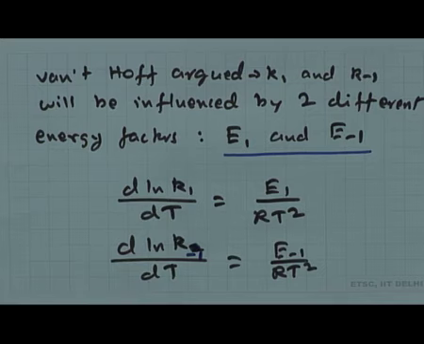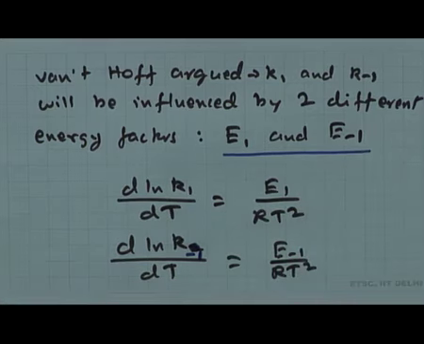Again you can understand that E1 is the energy factor associated with the forward reaction, and E minus 1 is the energy factor associated with the backward reaction.